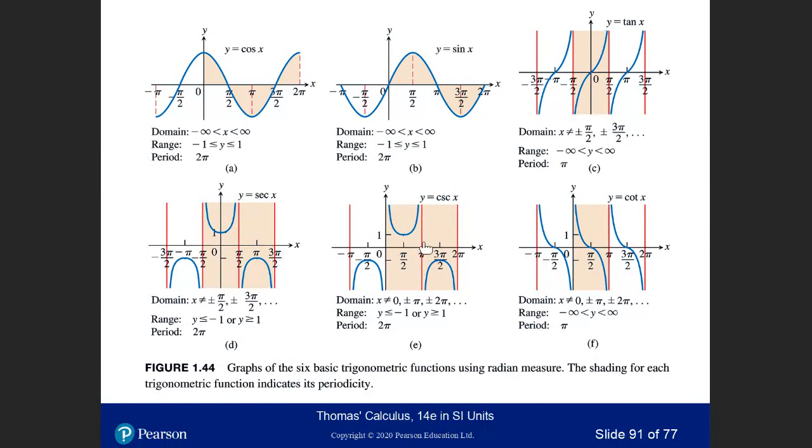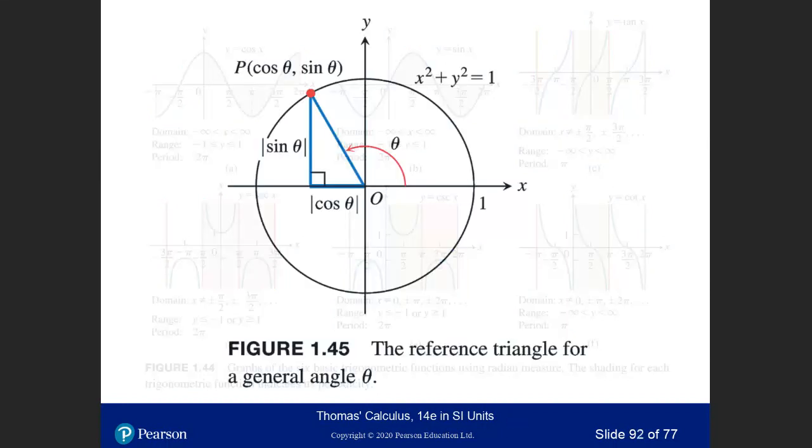And that's a periodic function with period 2 pi. This is 1 over sine. It's not defined at pi and 2 pi and 0, where sine is 0. Cosecant x is 1 over sine x. Cotangent is similar. These are the graphs of the trigonometric functions that you have.